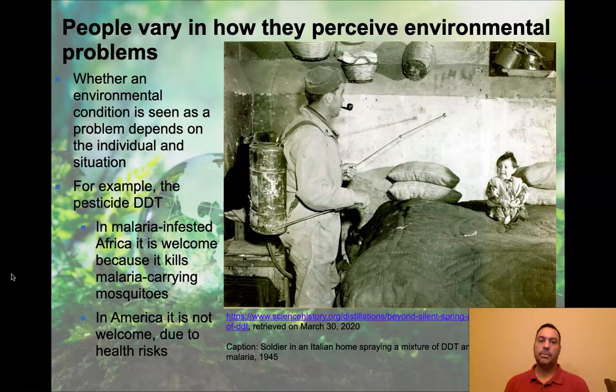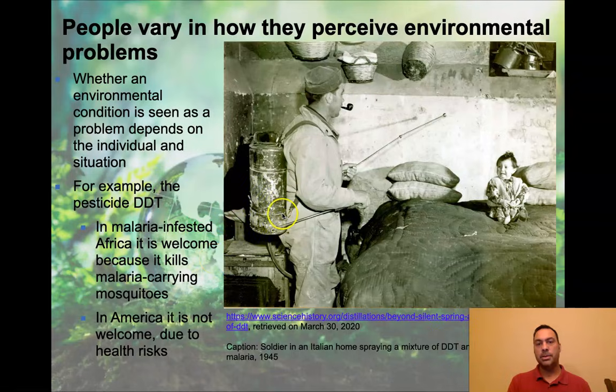DDT is a compound that was used to deal with malaria infestations across the world. In Africa, it is welcome because it kills malaria-carrying mosquitoes. But in America, it is not welcome due to the health risks. DDT is considered a very toxic thing to put on your kids. But in Africa, the fear is greater that you're going to be affected by something that's going to give you malaria, right? It's a cultural perception that we see here.